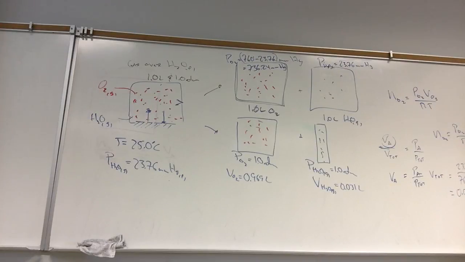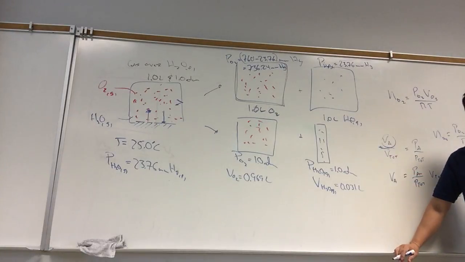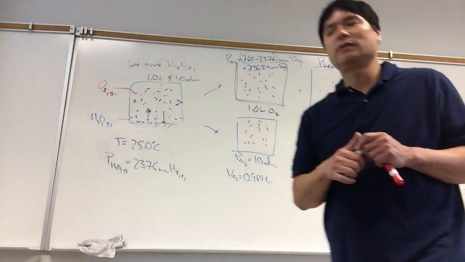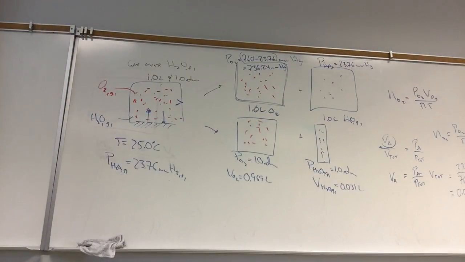Because I'll tell you, most students I know don't think of mixtures in terms of Daltons or Avogadros. They only think in terms of Daltons. But when we get to chapter 7, or 8, is it 7? Yeah, when we get to chapter 7, it's all in terms of Avogadros.